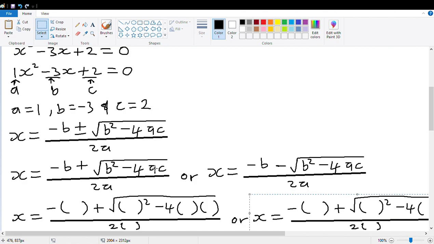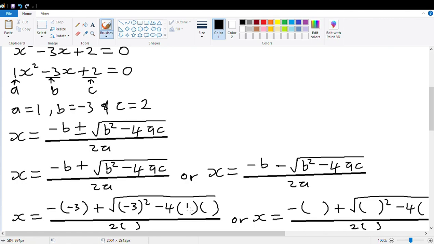So substituting is just as easy as plugging in your values. Your value of b is -3 there, therefore we put -3 and -3, and your value of a is equals to 1. Where we see a, we put 1.